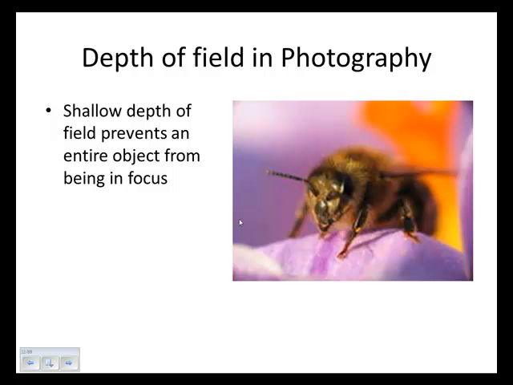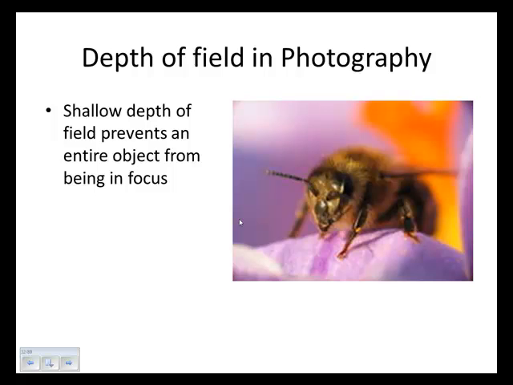Well, what part of his body is in focus? His head. What about his abdomen? Blurry. So the thickness of the focal plane of this picture is less than the thickness of a bee. You agree?